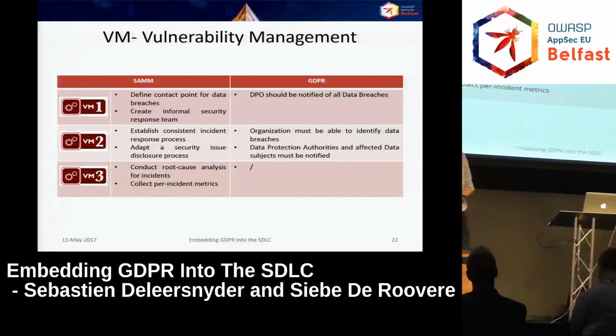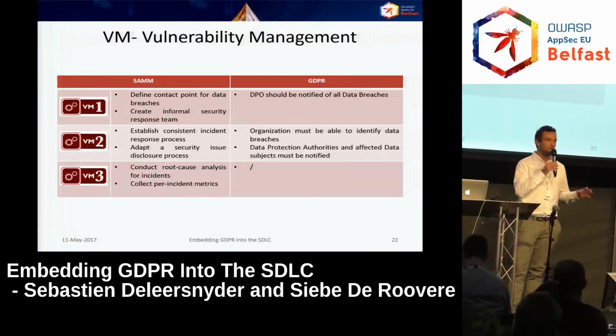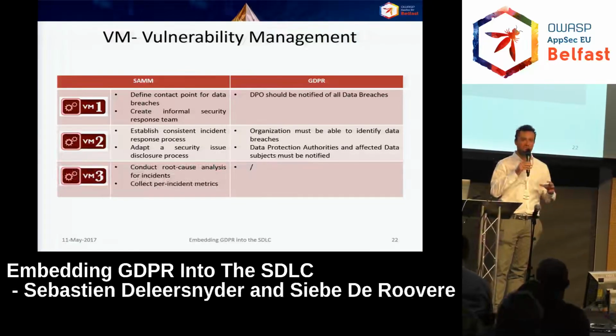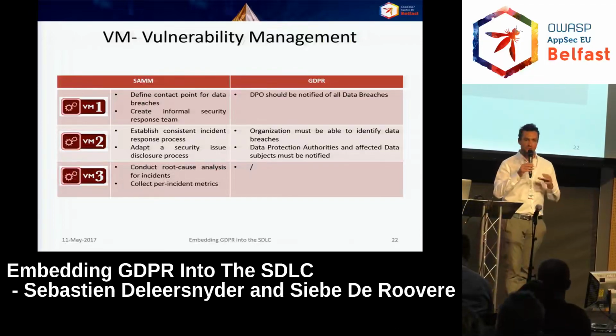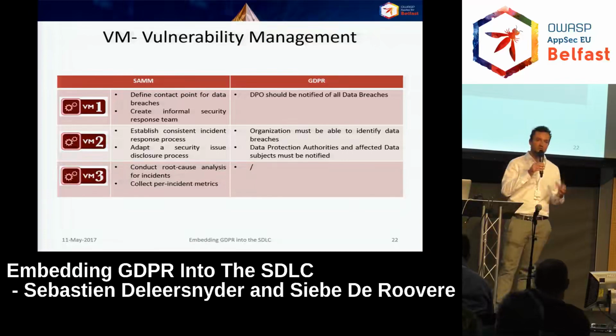The GDPR also is a lot stricter when it comes to data breaches. As of now, there is no obligation whatsoever to report a data breach to anyone. The GDPR dictates that every organization that has a personal data breach should notify the National Data Protection Authority of this data breach.